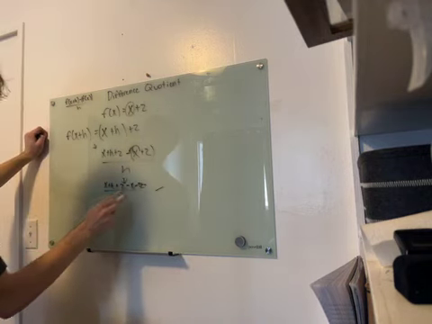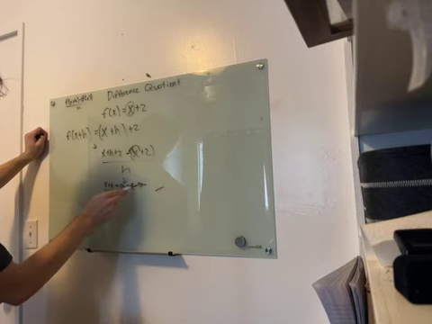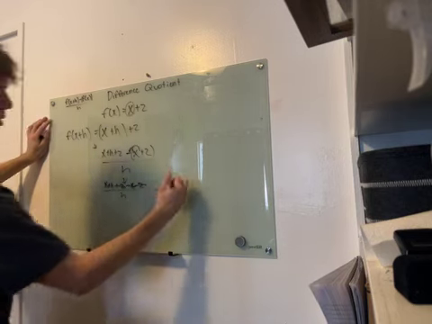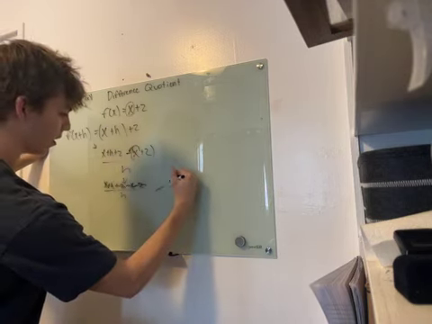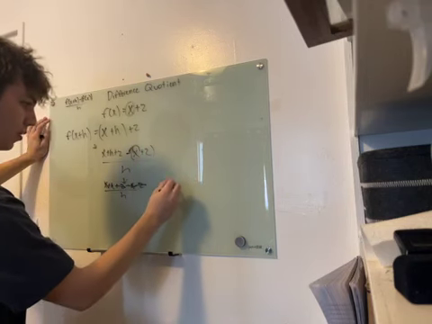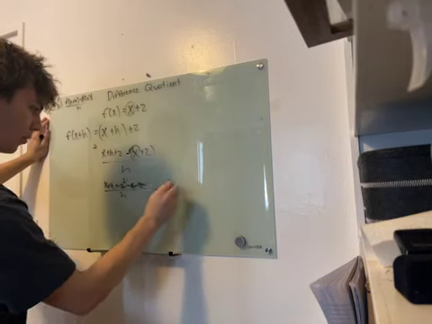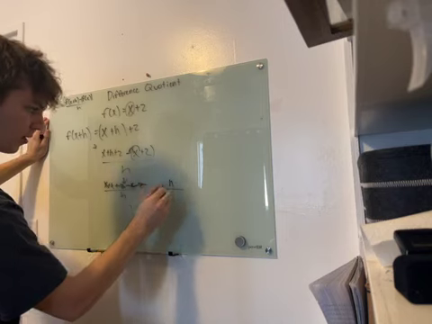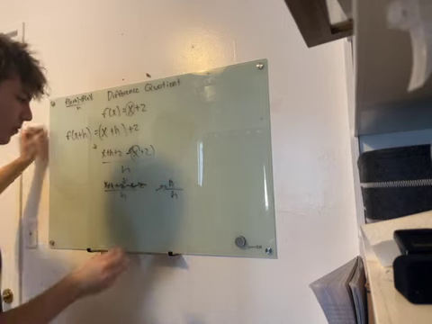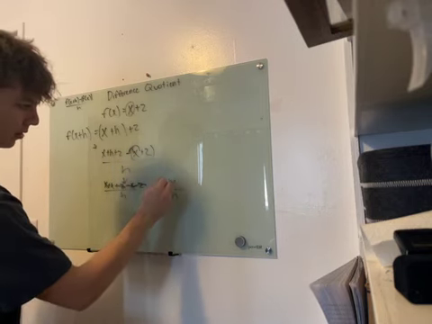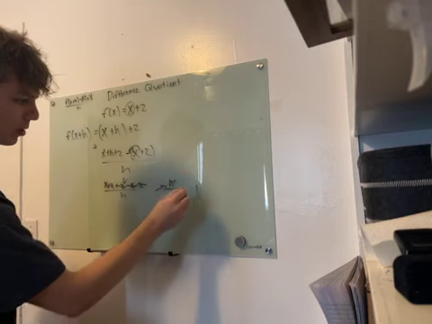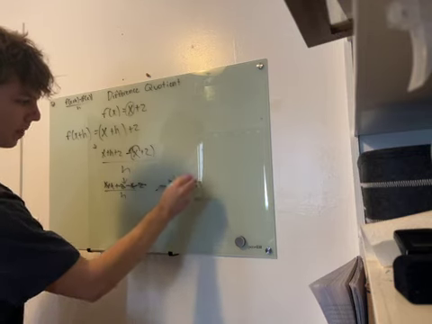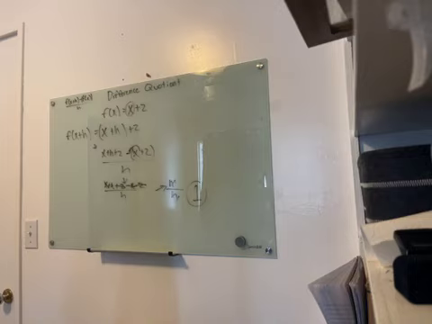So negative 2 and positive 2 cancel out, and negative x and x cancel out. So we are left with h over h, and h over h cancel out. So our difference quotient is 1 for this very basic problem.